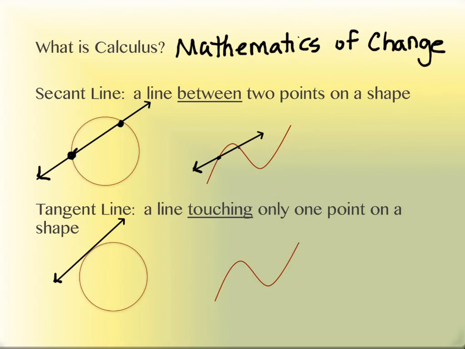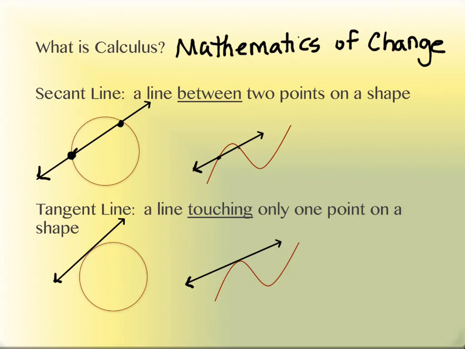You can imagine the beach ball with a stick lying against it. The stick doesn't cut through the beach ball, it just touches it on the edge of the beach ball. That would be an image of a tangent line. And we can do that with a curve the same way.